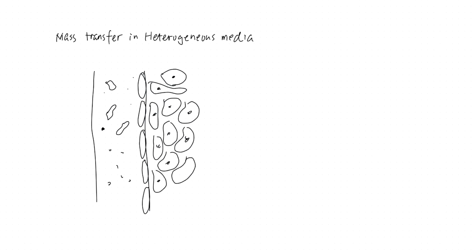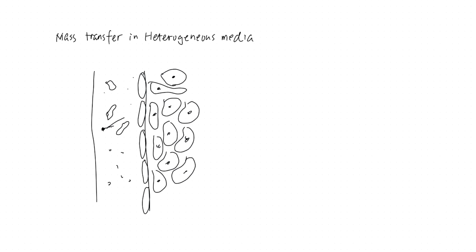This solute needs to travel through different media. First of all, it needs to go through the blood. If it bumps into red blood cells, it will reduce its time and efficiency of transfer.